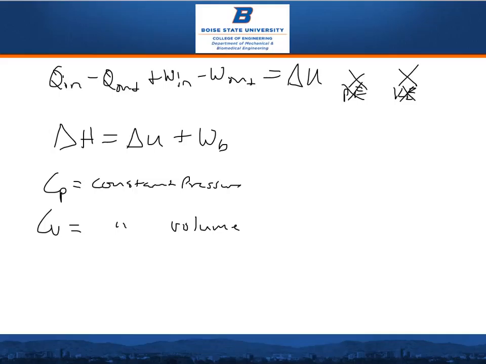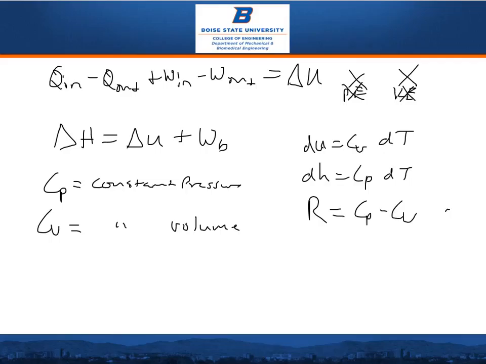And we want to remember our relationships for ideal gases: du equals Cv(T) dT, dh is Cp dT, R, our gas constant, is derived from Cp minus Cv, and k is Cp over Cv. So that kind of covers specific heats.